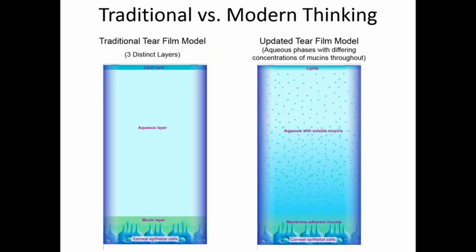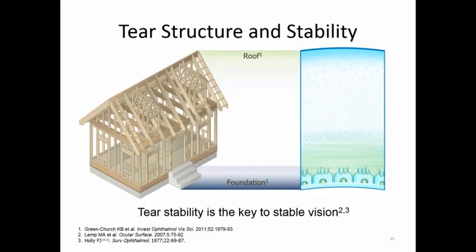But in truth, the updated tear film model is really dated at this point. And, you know, the concept of the elements mixing in together is very valid, but not really effective in addressing patients' problems because it doesn't really get to what is essentially the root of their issues.